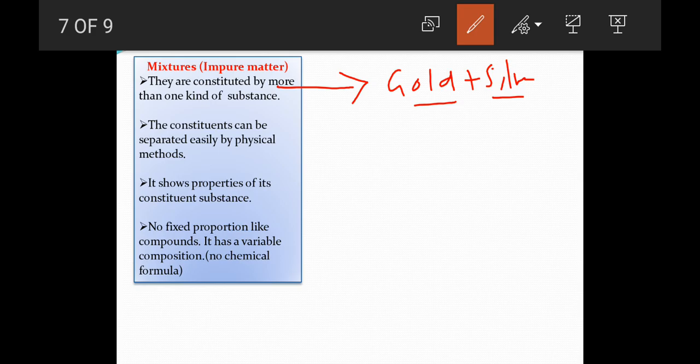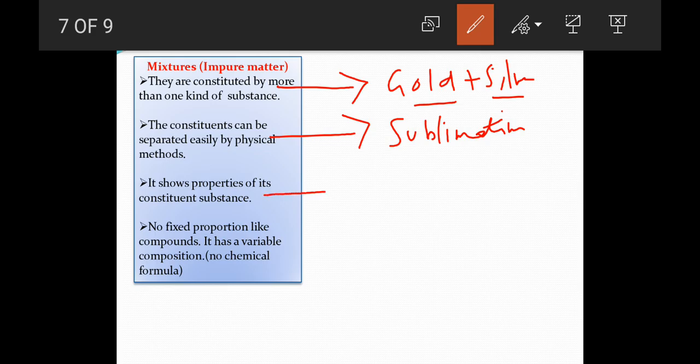The specific name is alloy, but it is a type of mixture only. The second property, they can be separated by physical methods like sublimation, distillation, and there are many more. In the course of time, we'll study these.